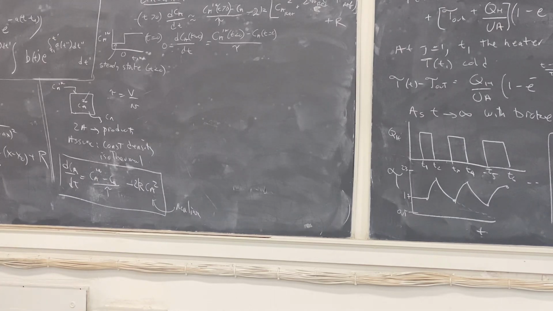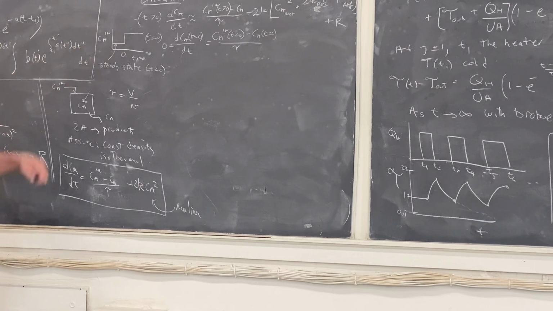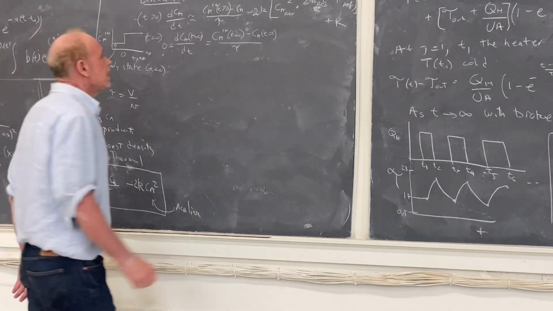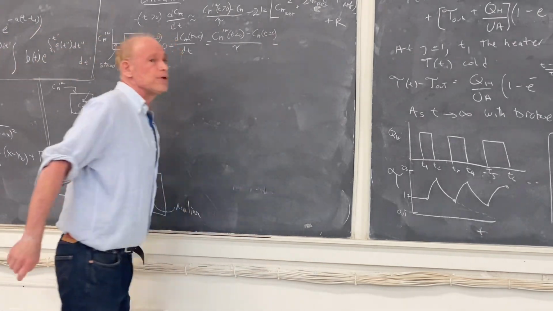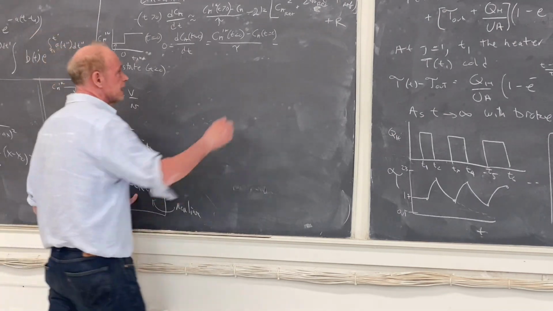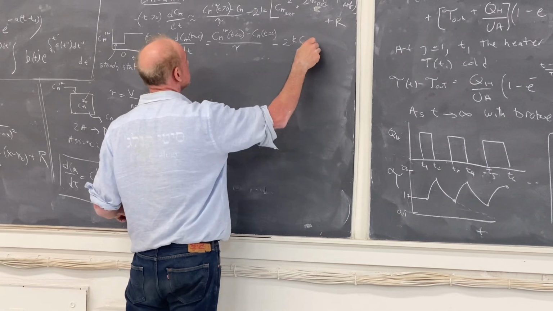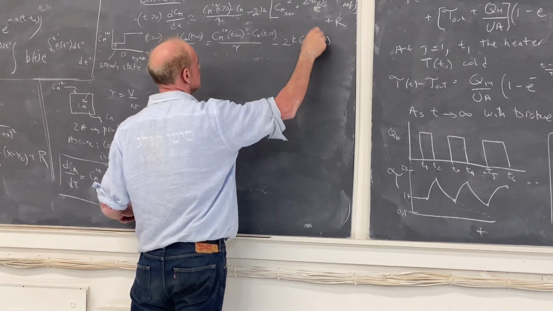I'm just changing the concentration, not the volumetric flow rate. And I'm going to subtract off the entire thing, minus 2K CA t less than 0 squared.